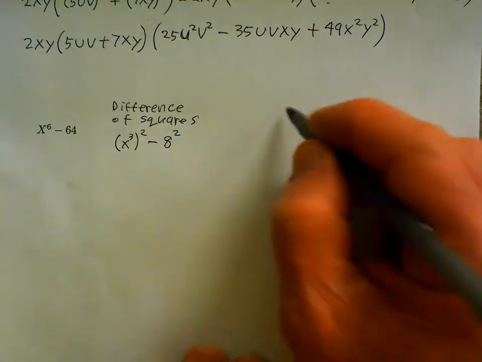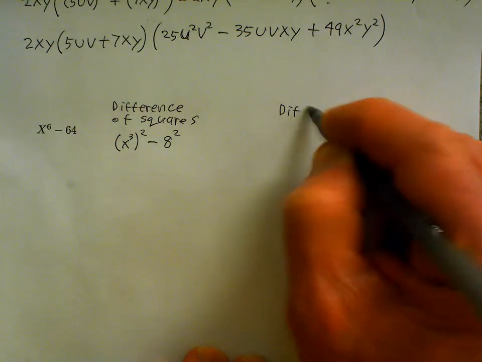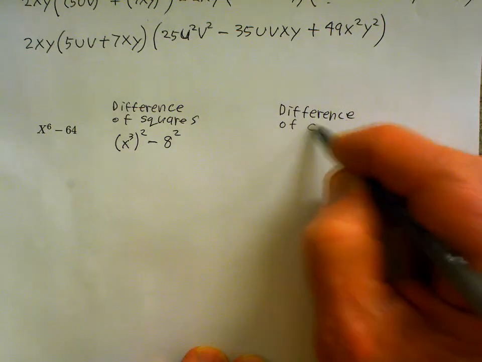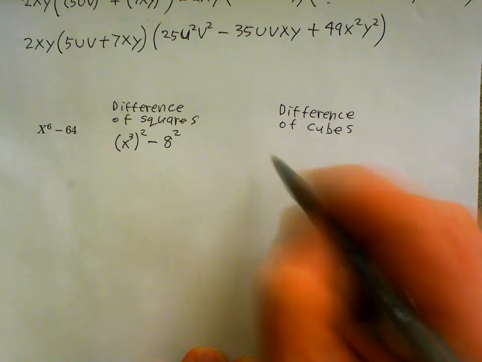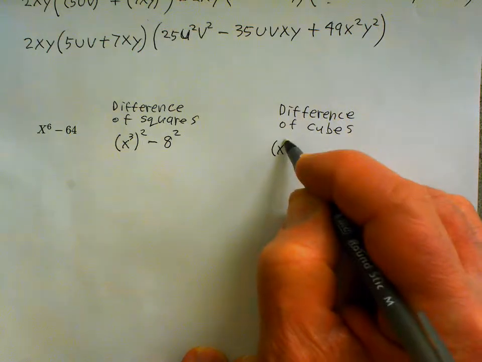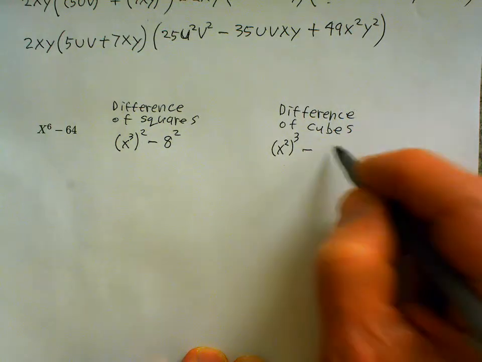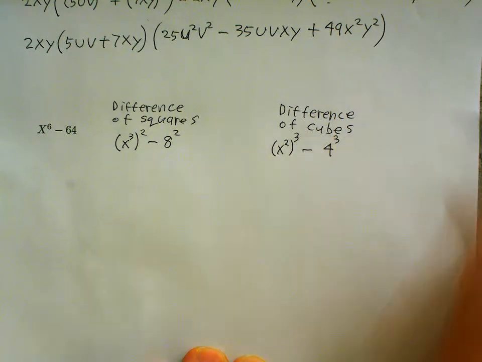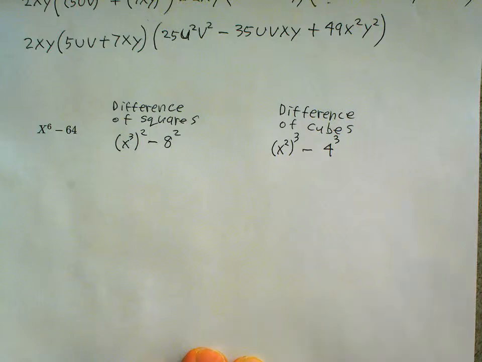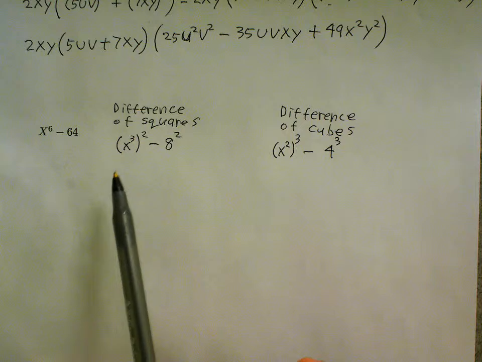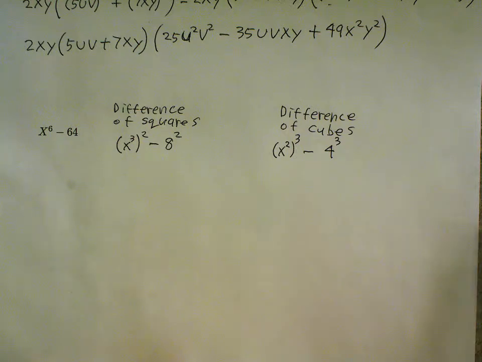But we can also think of it as a difference of cubes. Because if you raise the term x to the second to the third, you get x to the sixth. And 64 is 4 to the third. So we can get the complete factorization starting out in either way.